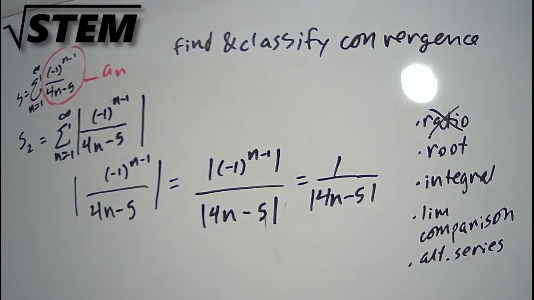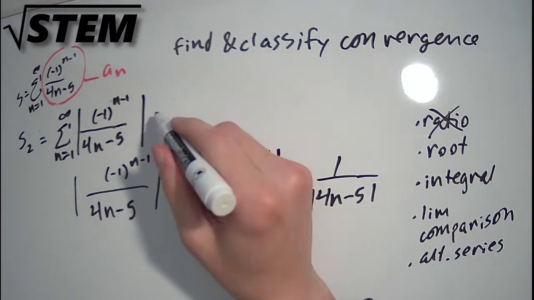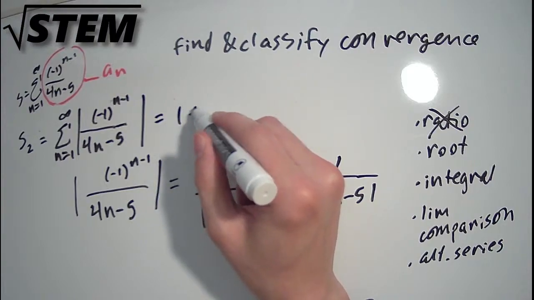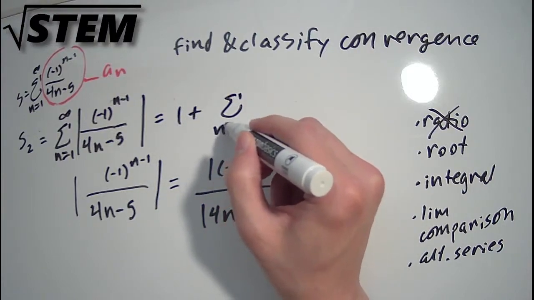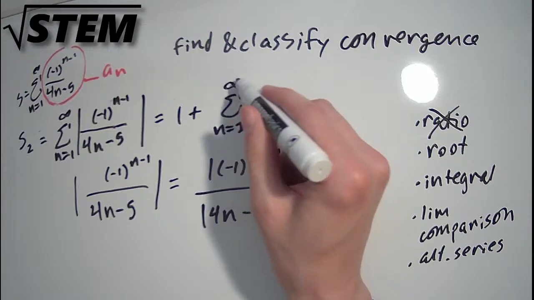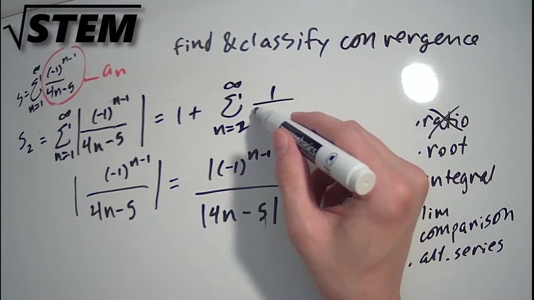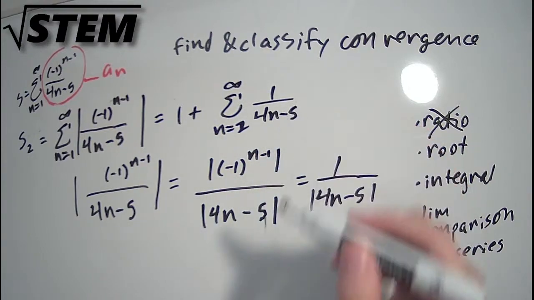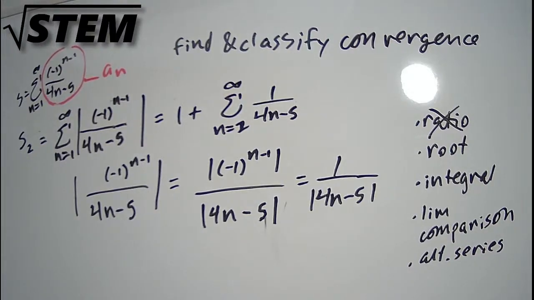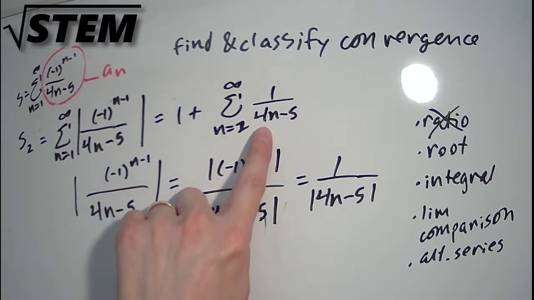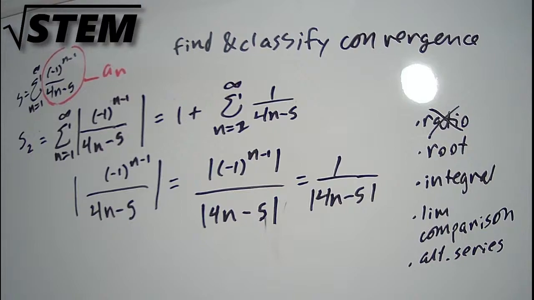I'm not sure if we need to do this, but I think we can say that 1 plus the sum from 2 to infinity of 1 over 4n minus 5 is equal to that, because I don't think we can get that to work with the n equals 1 term, since it would evaluate to negative 1.